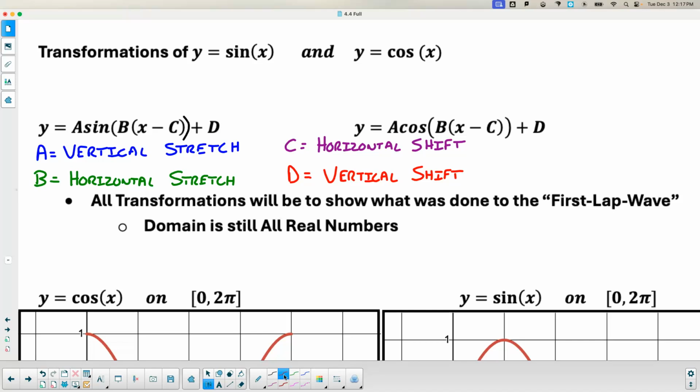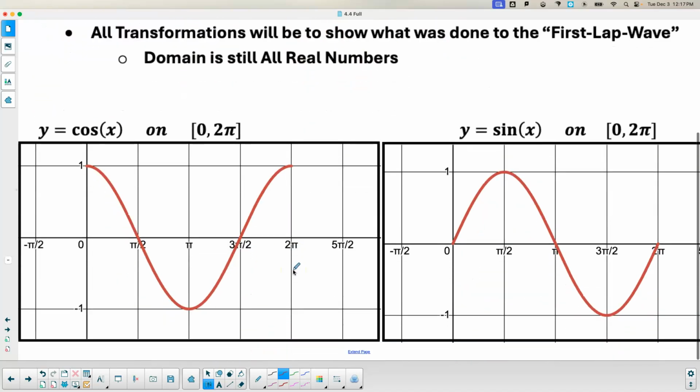Now, when you go to graph these, we are only ever going to ask you to graph the first wave. The first lap wave is what we call it. Yes, the domain will still be all real numbers. It'll still always be all real numbers, but we're only going to have you graph one wave, not all of the waves.